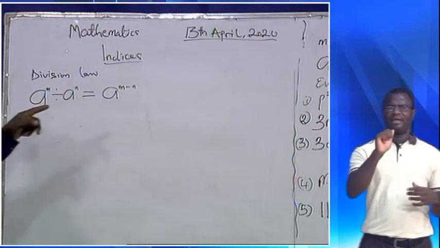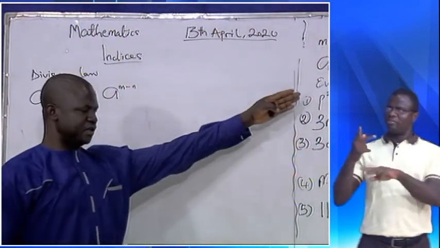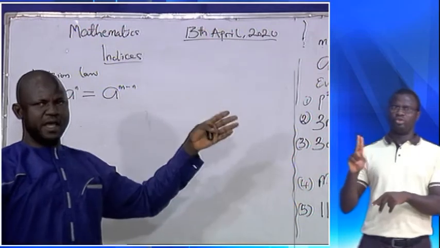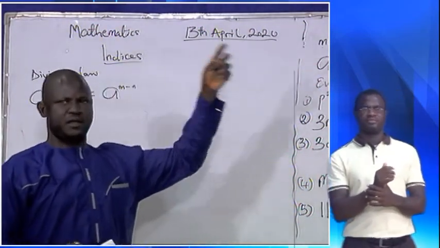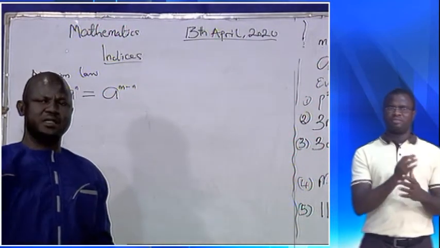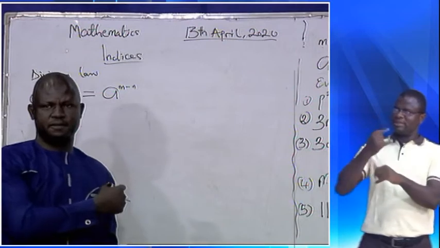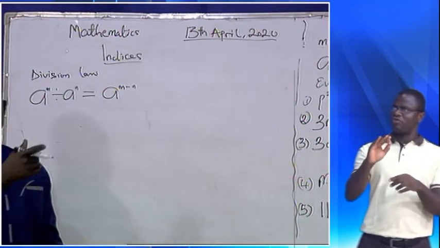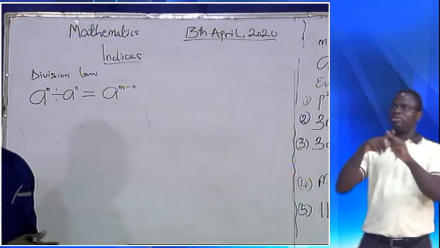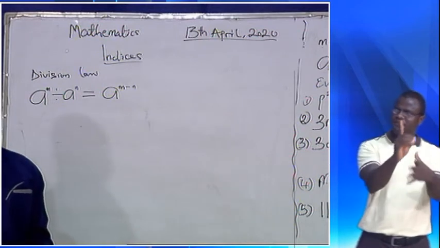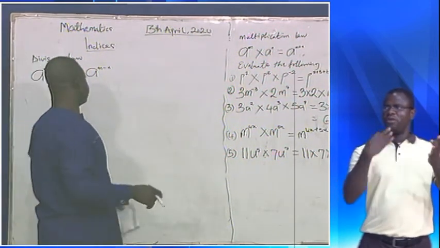If you look at the multiplication and division laws, under multiplication, if we are multiplying two common bases together, we add their respective powers. But when it comes to division, if we are dividing a variable by another variable of the same base, we subtract the second power from the first.